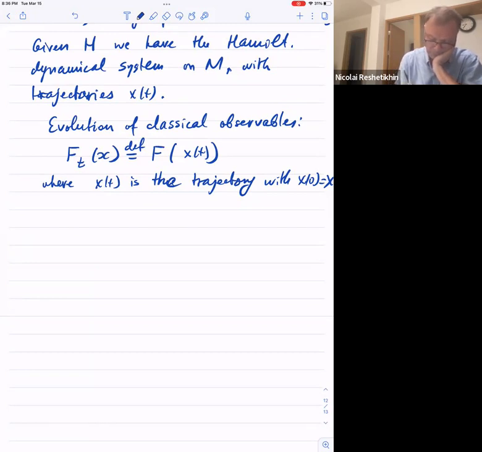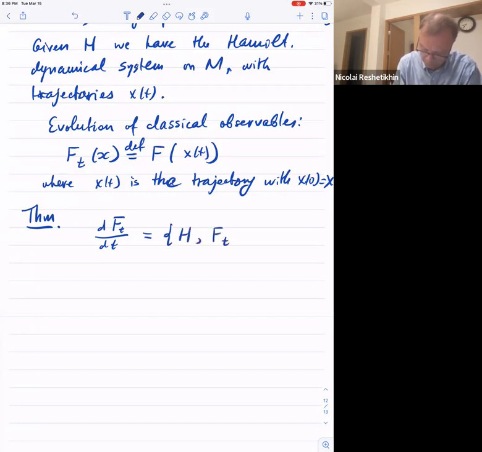And then the theorem that describes this evolution is the following. The derivative of this evolution in time is equal to the Poisson bracket of the Hamiltonian with the function itself. So this is linear. That's the theorem.